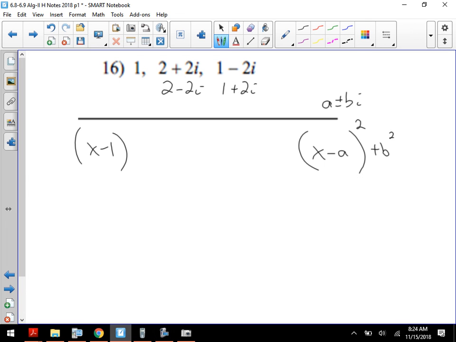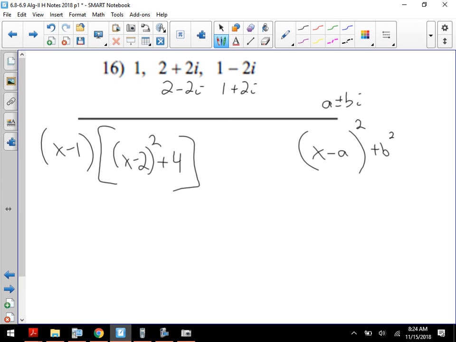So this one would wind up being the quantity x minus 2 squared plus 4. The other one would be x minus 1 quantity squared plus 4. Because it's 2 squared. And then you just have to FOIL those out individually and add the 4.